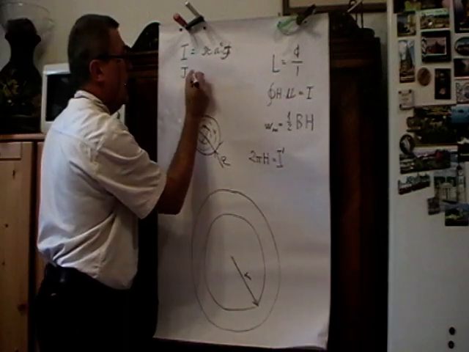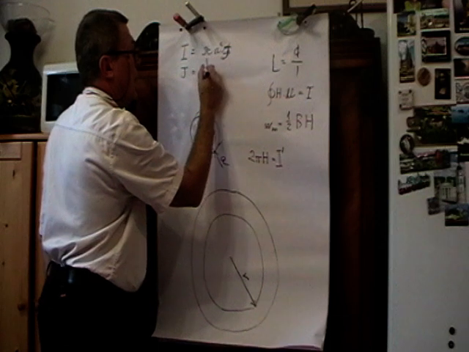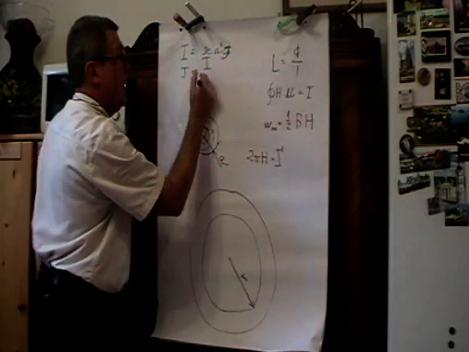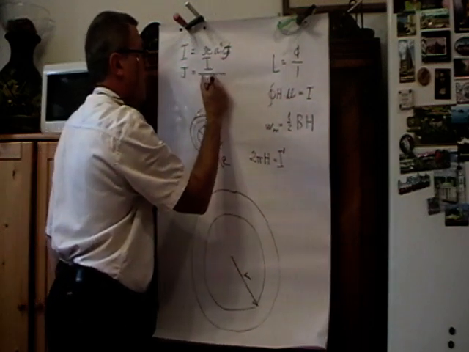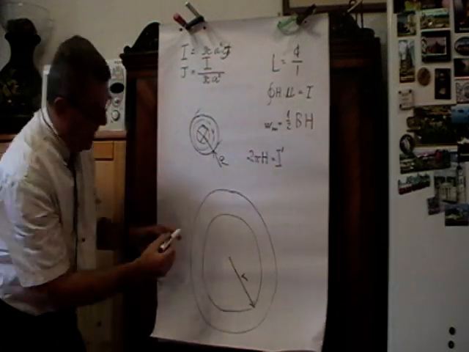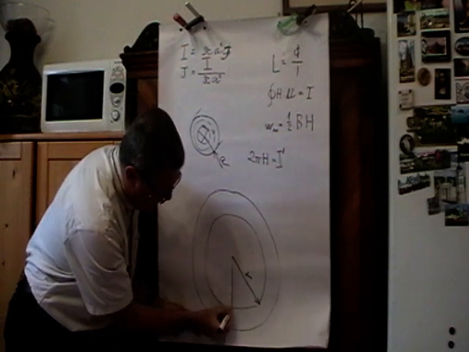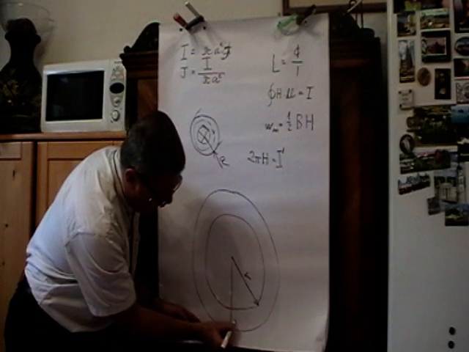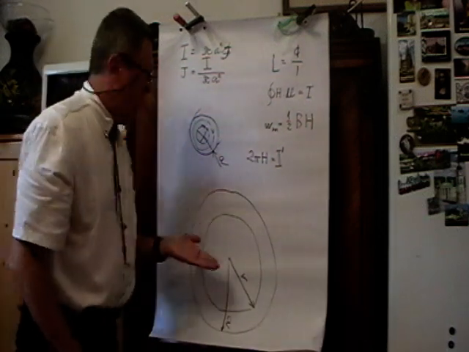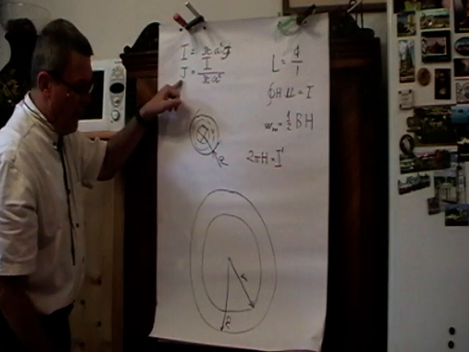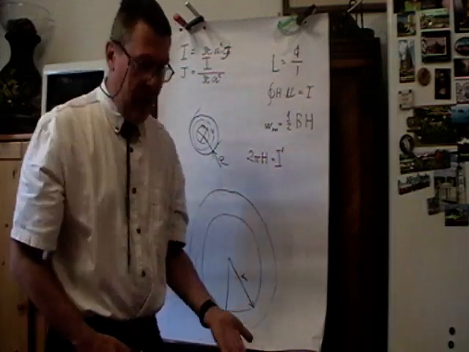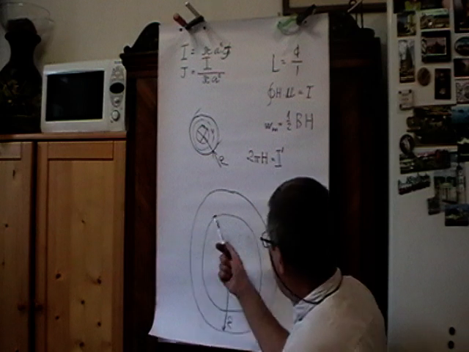J would be the total current I, that's the current flowing through the whole conductor, divided by pi a squared, where a is the radius of the conductor. Now, provided that the field is homogeneous, we know the current density at any point of the cross section, and we can get the current flowing through any part of the cross section.